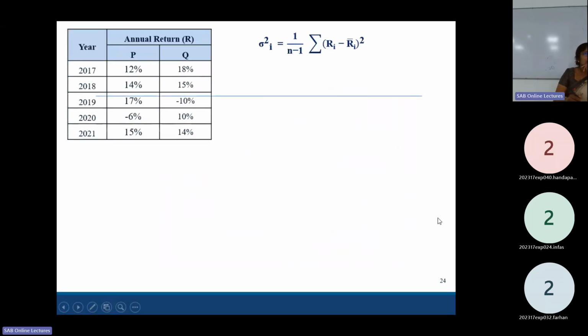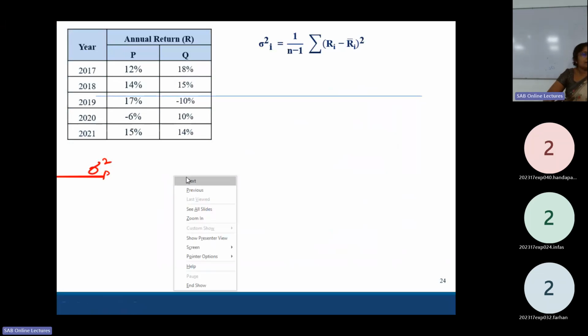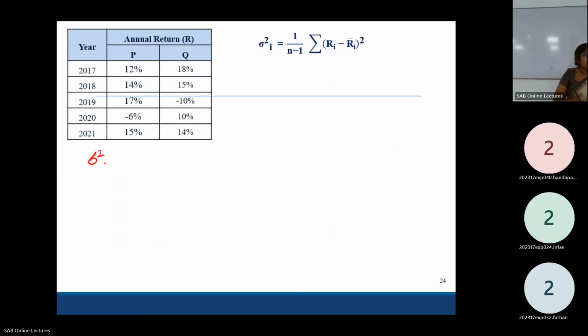Right. So you can calculate variance. Normally, variance we indicate using the square of the sigma. We call this a sigma. So square of the sigma, that is variance. Variance of stock P, you can apply this formula to calculate the variance.